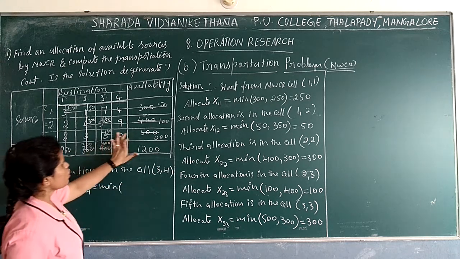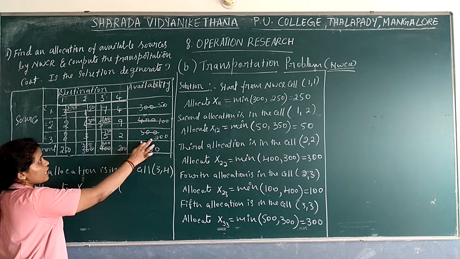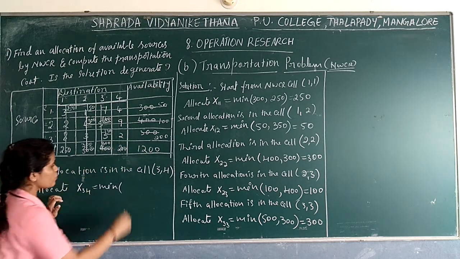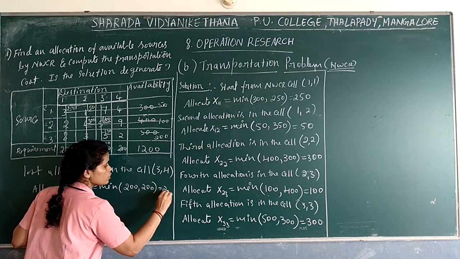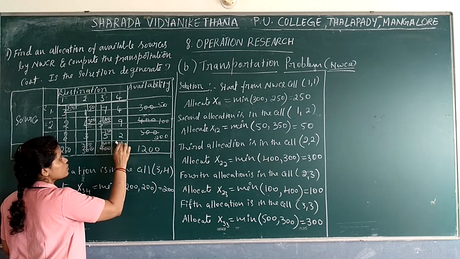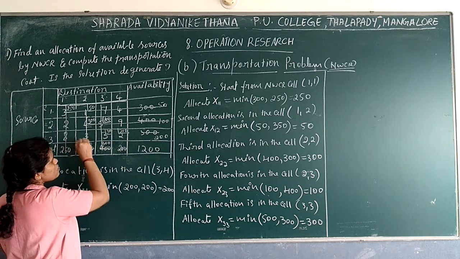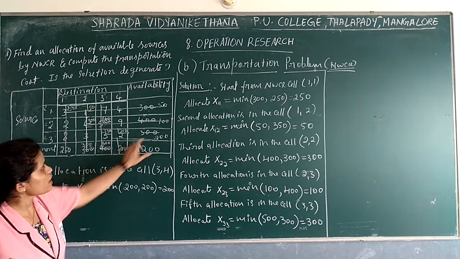Now see, row wise 200 and column wise 200. Here at last your availability matches the requirement, 200 is equal to 200. So at last your availability satisfied the requirement. Now nothing is remaining.